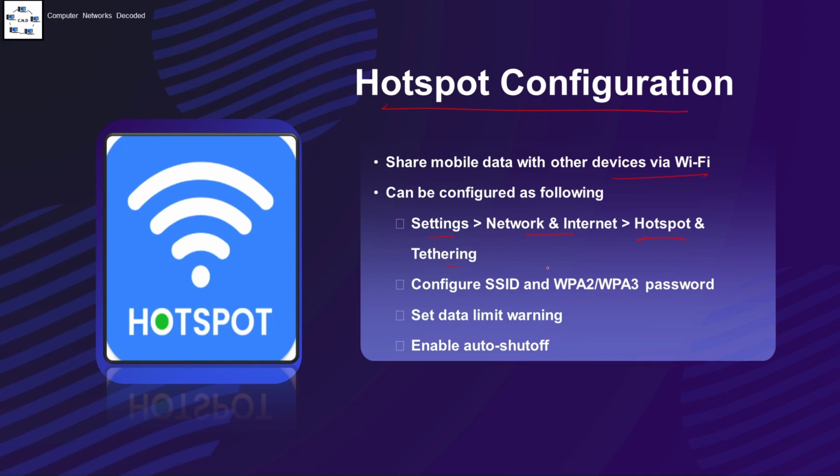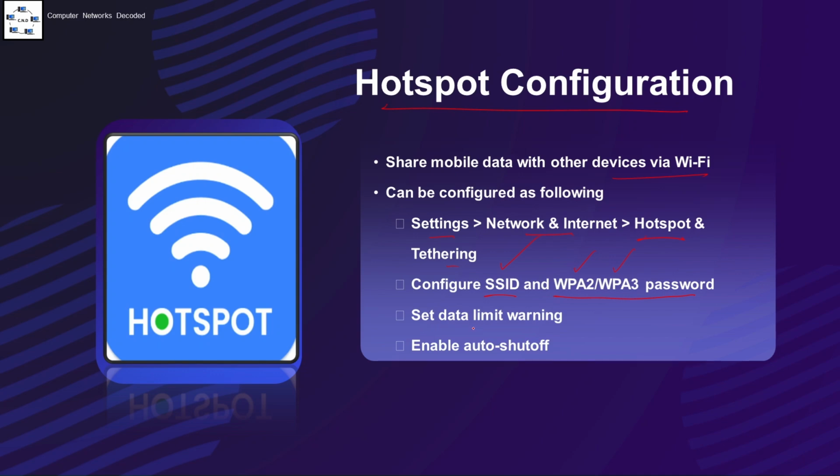Then inside the hotspot, you configure the SSID, you give a name to your connection, and then you enable the security. You can select either WPA2 or WPA3, or both are available in this format, and you configure a password for this connection.